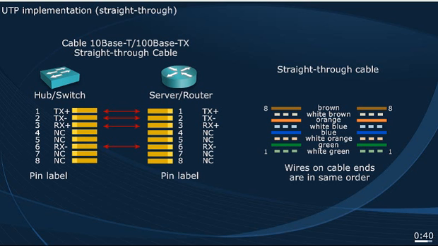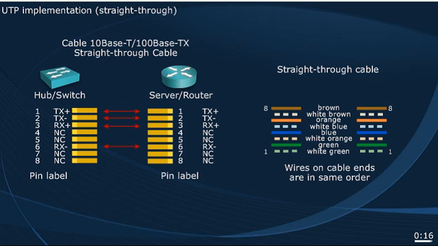So, Raymond, how should I think about these 8 wires? I've got to transmit and receive somehow, some way on those 8 wires. When we're thinking about straight through, you have to be thinking about one pin at one end going straight through to the other pin at the other end of that wire.